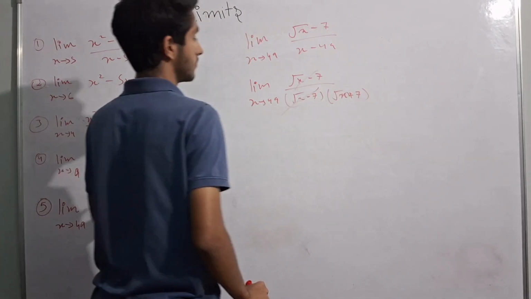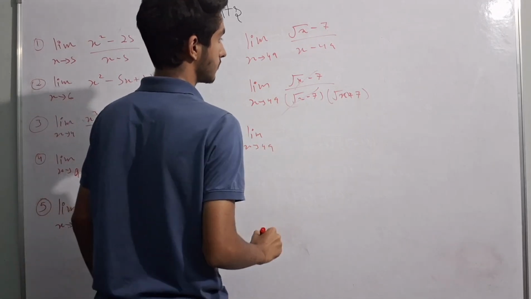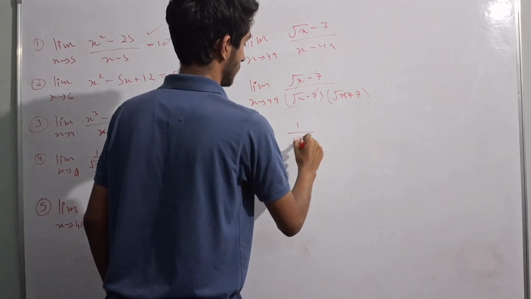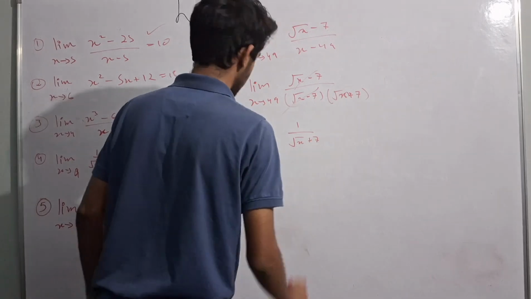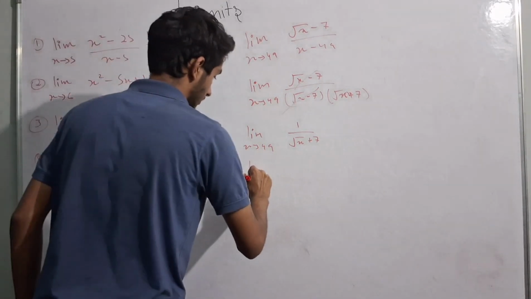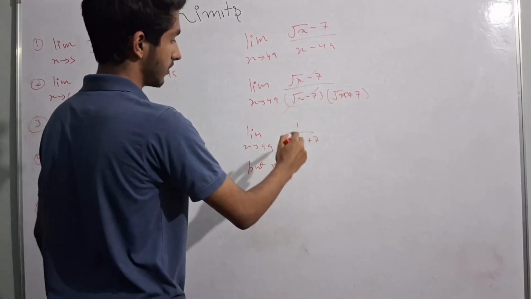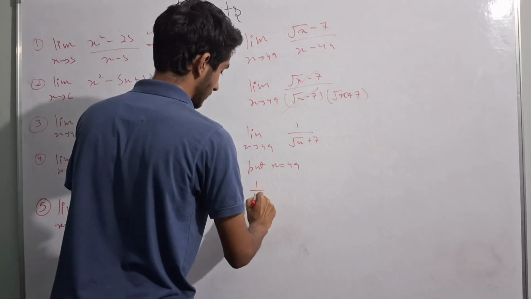This cancels out. I get 1 by root x plus 7. So put x is equal to 49, and under root 49 is 7, so I get 1 by 14.